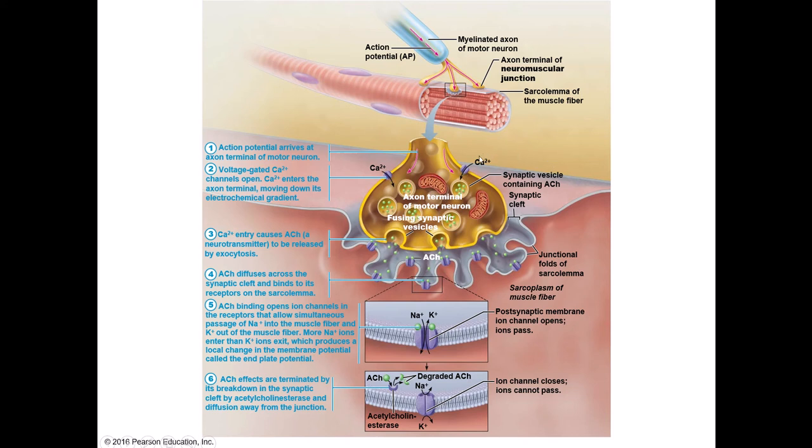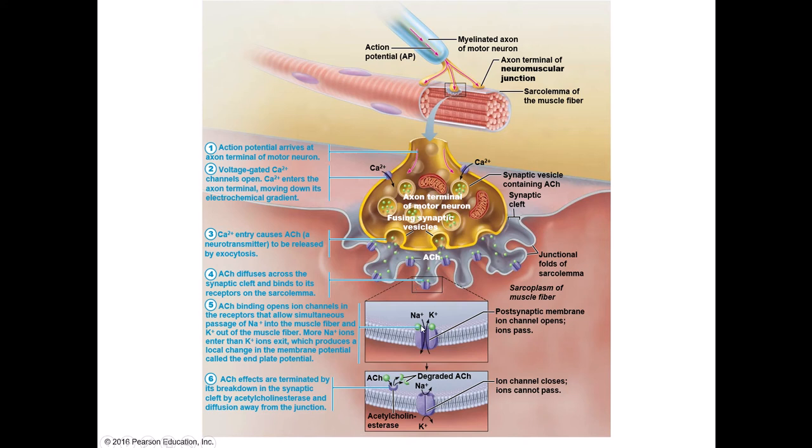Calcium then influxes into the axon terminal. That influx of calcium causes the release, through exocytosis, of the acetylcholine, which then diffuses across the synaptic cleft and binds onto these little receptor channels.